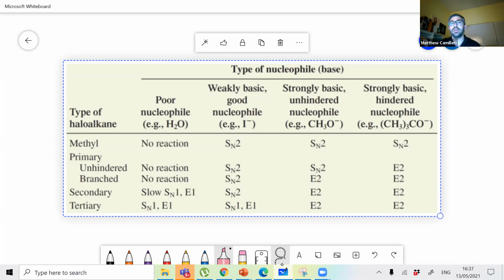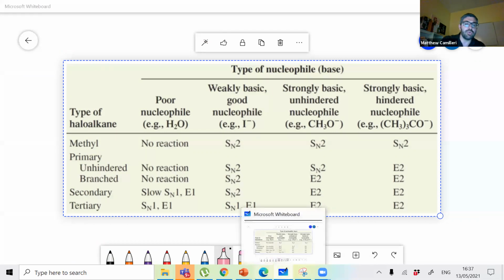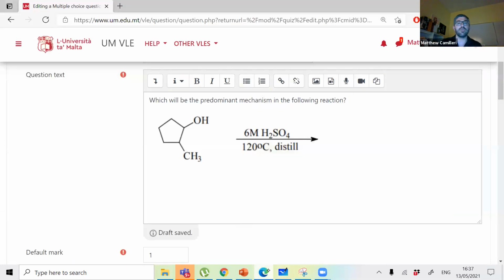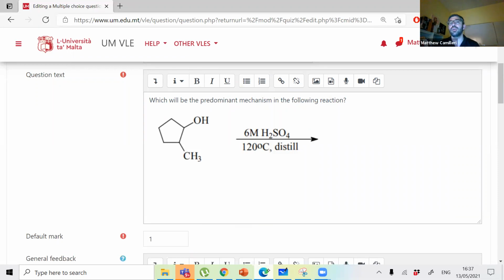But we know, or you should know, that if you protonate it, then that poor nucleophile is actually going to be removing H2O rather than OH. Therefore, that will be E1. First we protonate, then the HSO4 minus can actually extract a proton. So this will be E1.